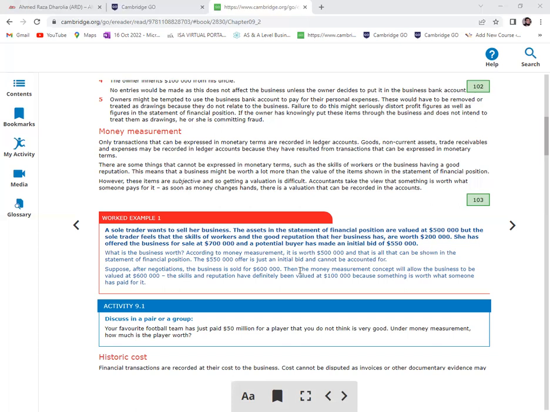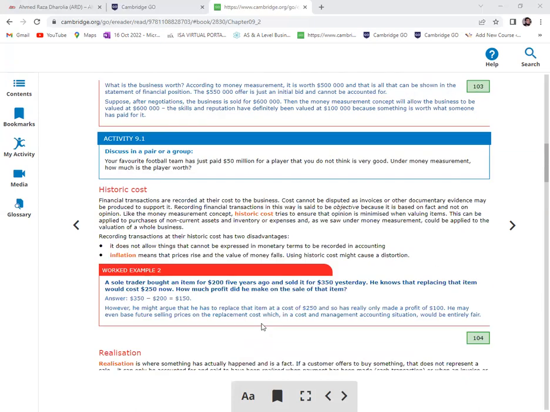Accounting can be done only when there is money involved. Only the transactions which we can consider while doing accounting entries must be in the form of cash. So this is the third accounting concept.